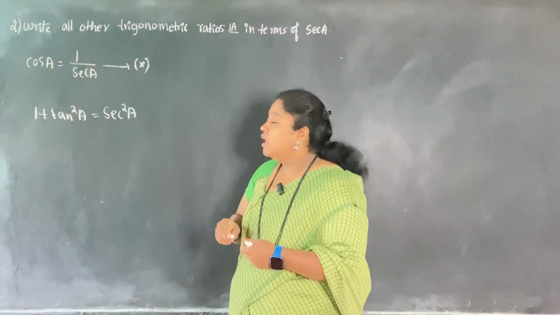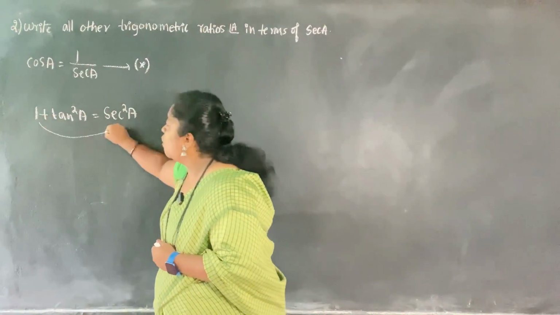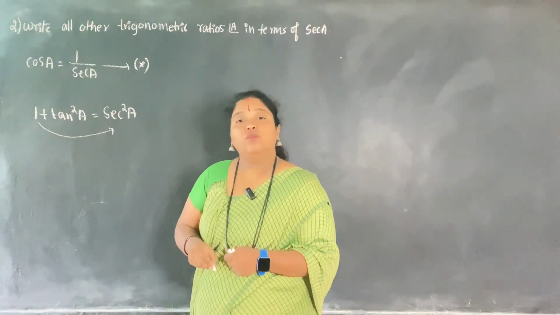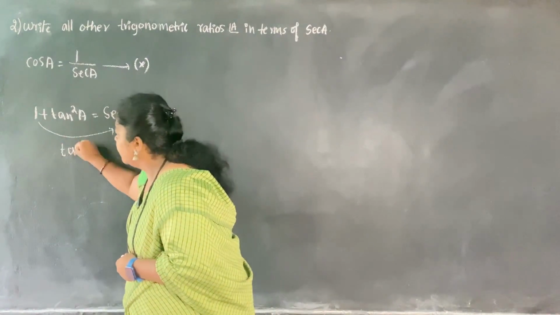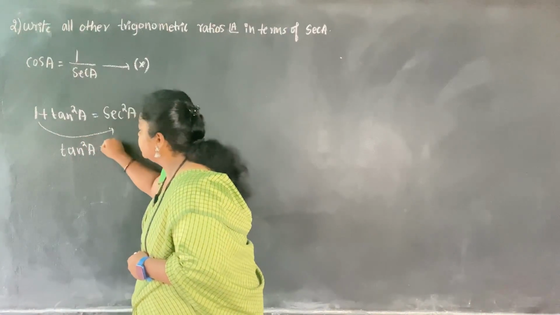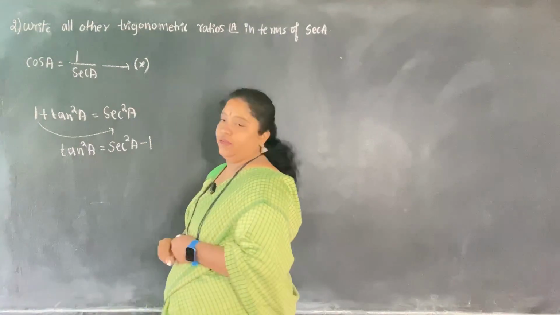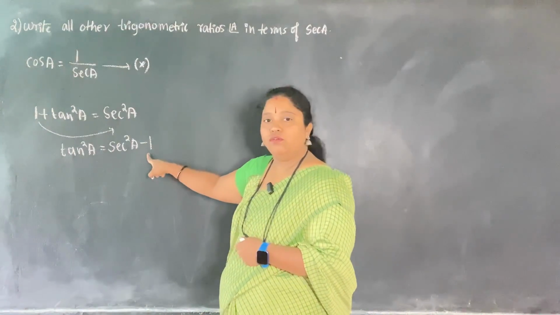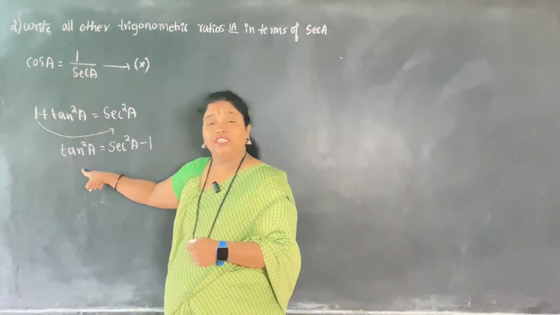Another one we have. Now I have to represent only tan. So I will send 1 to this side. Plus 1 turns to be minus 1. So I'll be having tan square A is equal to secant square A minus 1. Now I don't need tan square, I just need tan.